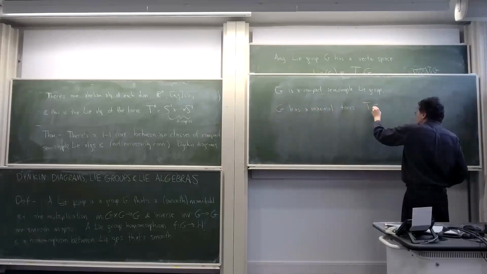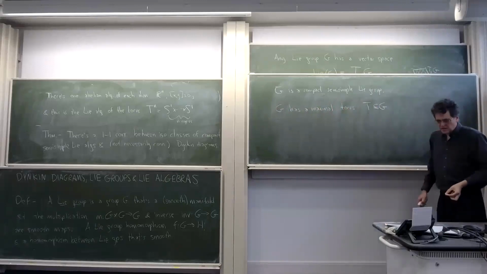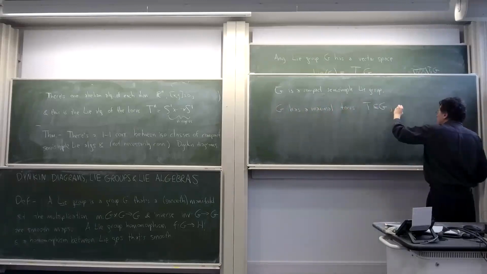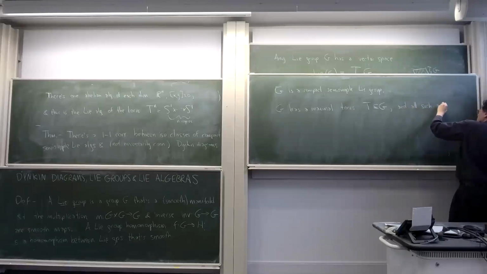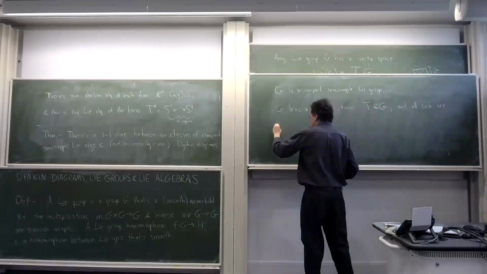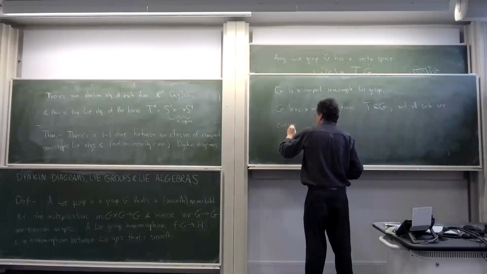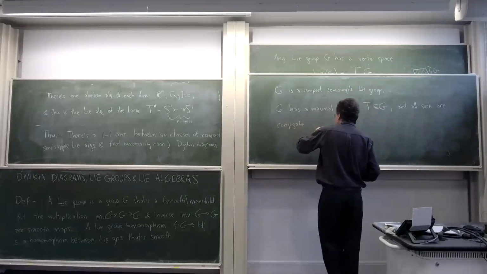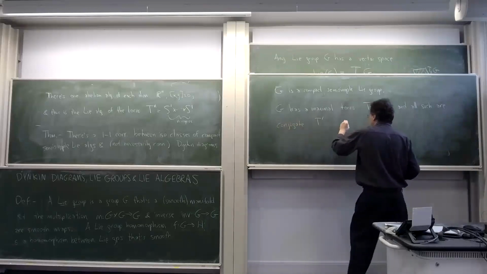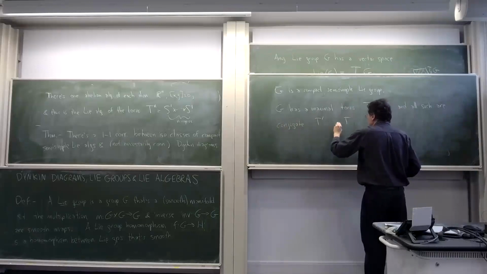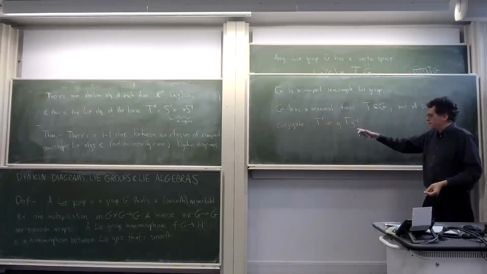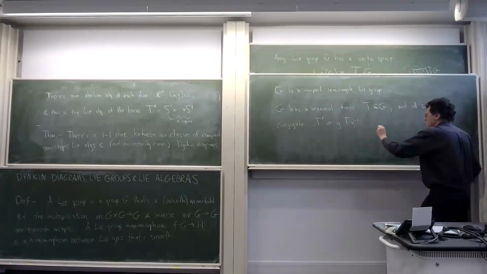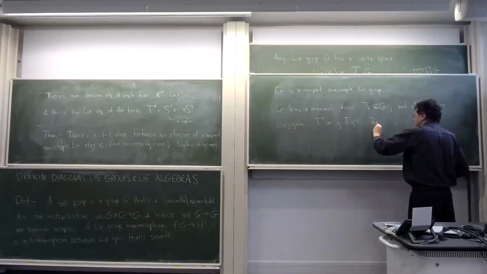Now it actually has lots, but they're all sort of the same. All such things are conjugate to each other within G. So if you've got a maximal torus T prime, and I've got a maximal torus T, I can find some group element to conjugate all the elements of my maximal torus to get yours.